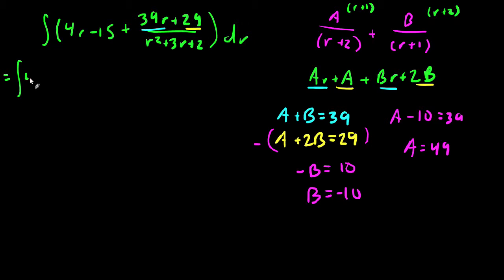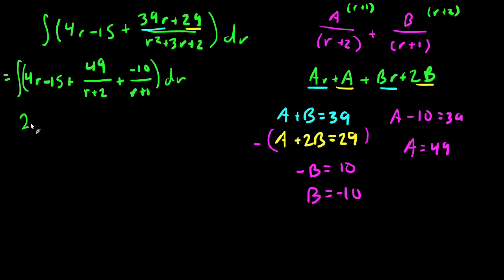And so I can take this into my integral. I have the integral of 4r minus 15 plus 49 over r plus 2 plus negative 10 over r plus 1 dr. And antiderive. The antiderivative of 4r is 2r squared.